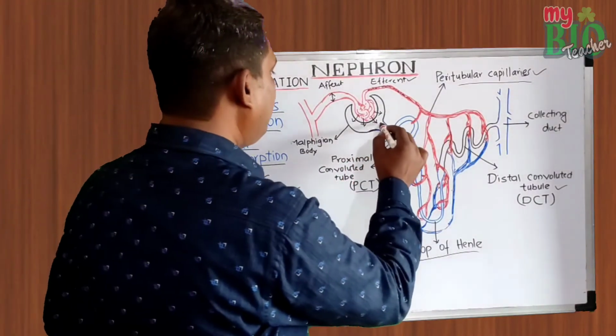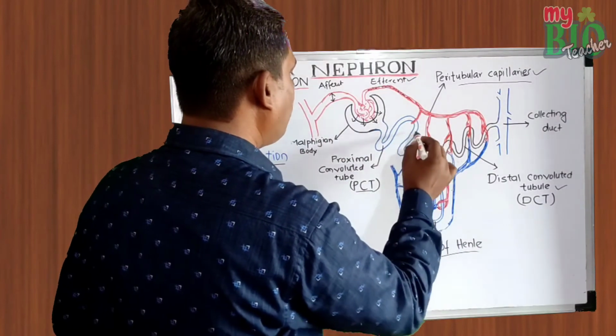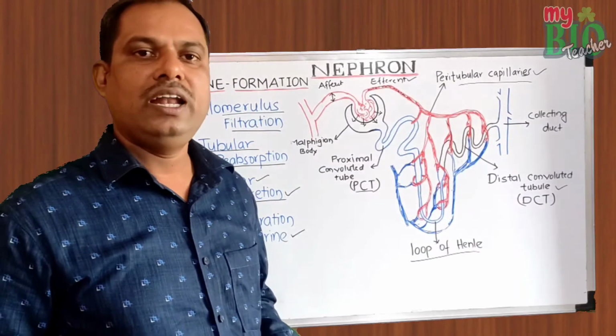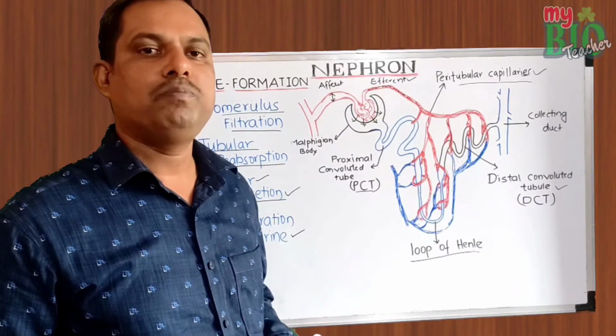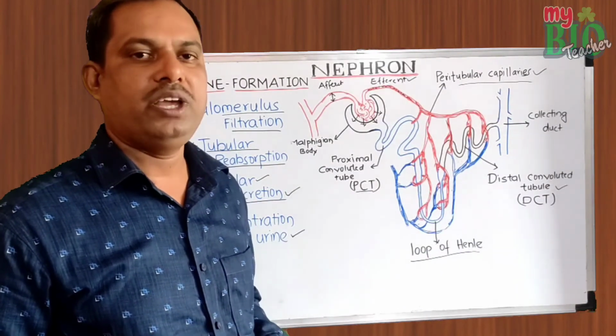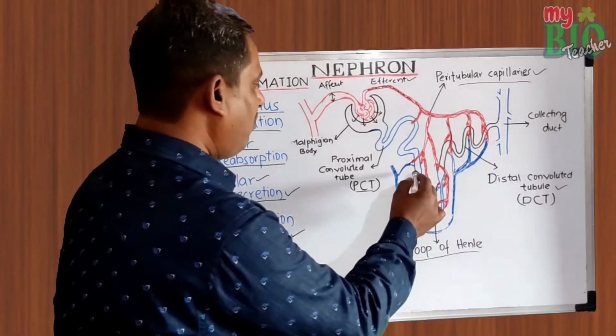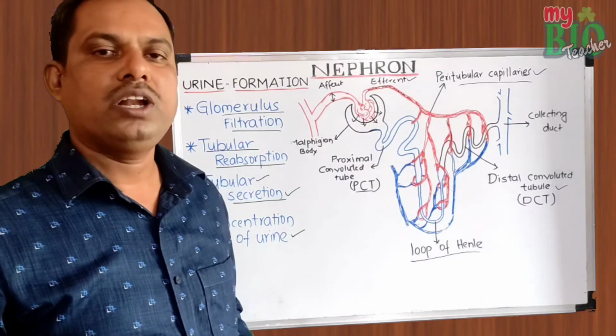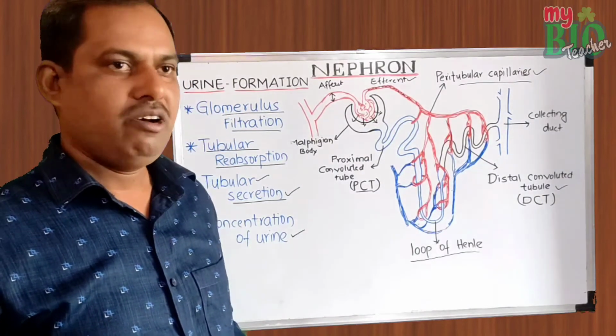When the liquid flows through the proximal convoluted tubule, a large amount of liquid is reabsorbed by our body. Next, when it enters the loop of Henle, still more reabsorption occurs.